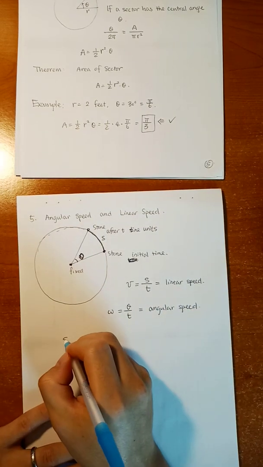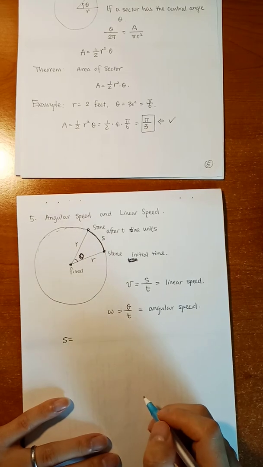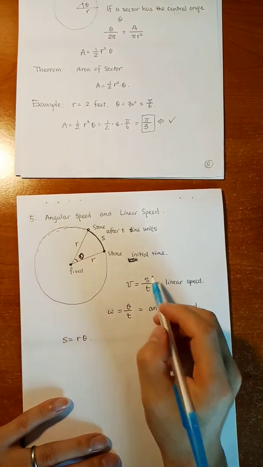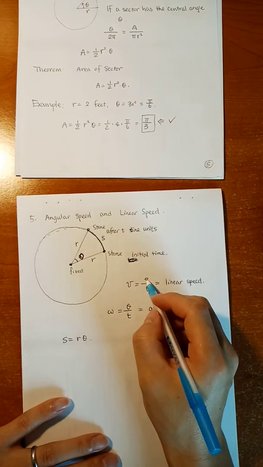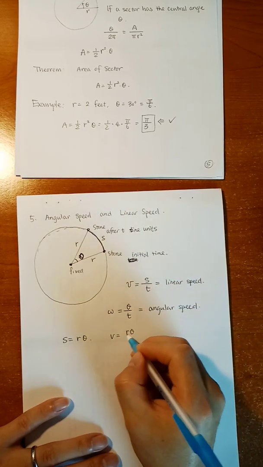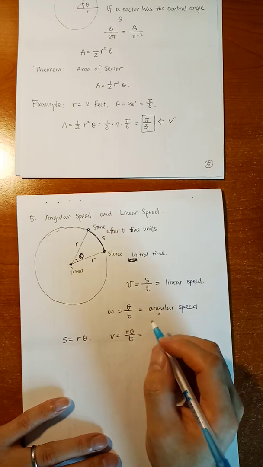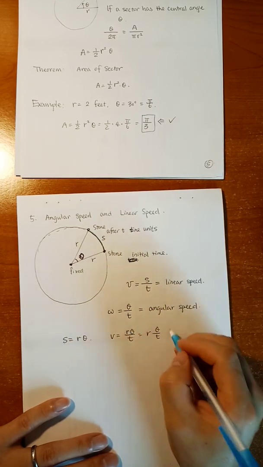And because s is equal to r theta, so the same s, same theta. s is equal to r theta. So let's check this v. v is r theta over t. Remember, this r is fixed. r is a radius. It does not change. So it's r times theta over t. Theta over t is omega.